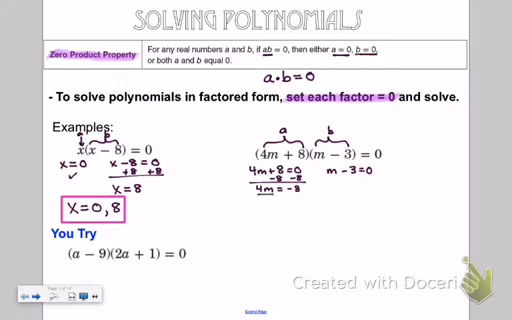And in order to solve, I need to get m by itself, so I must divide by 4. m is equal to negative 2. On the right side, all I have to do is add 3 to both sides to get m by itself, and I get m is equal to positive 3. So I will just circle both these answers. You can write it in whatever format you want. Go ahead and do the Your Try.